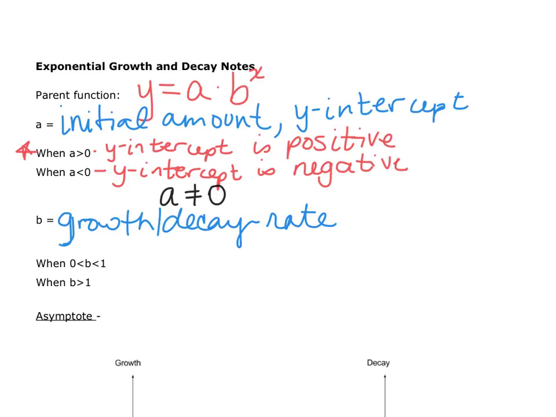And we're going to talk more about those tomorrow and how to write those. So yesterday we decided when b was a fraction between 0 and 1, we had decay. And when b is a number bigger than 1, we have growth.